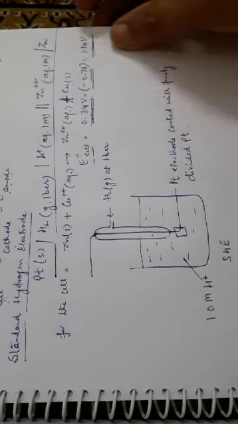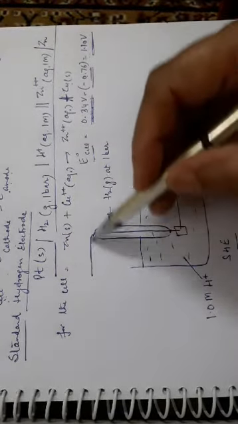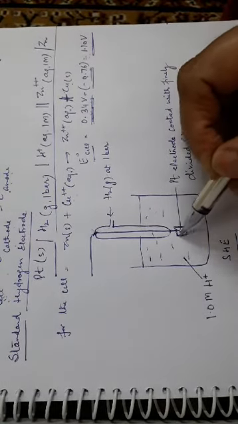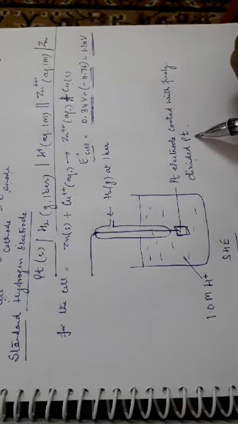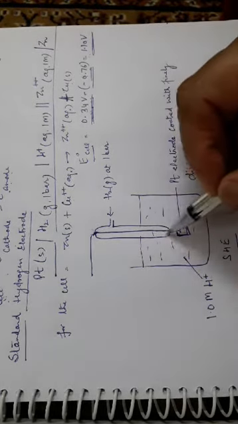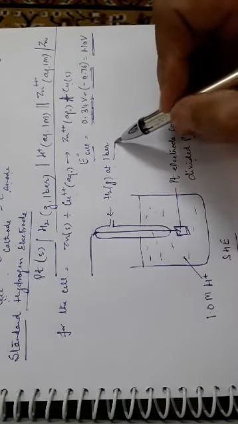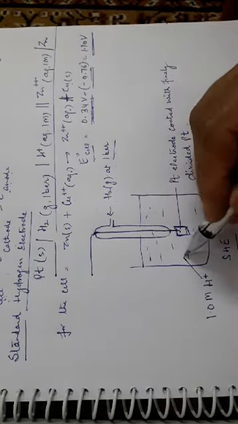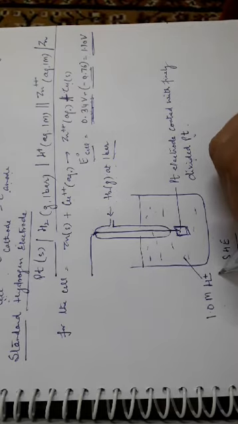Let us see. The structure of this standard hydrogen electrode is, this is a platinum electrode, platinum wire. That is, this is a platinum electrode that is coated with finely divided platinum. This is the space where hydrogen gas is bubbled at 1 bar pressure, and this electrode is immersed in the ionic solution H+, that is 1m HCl solution.